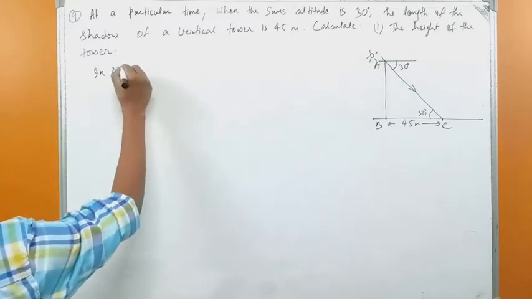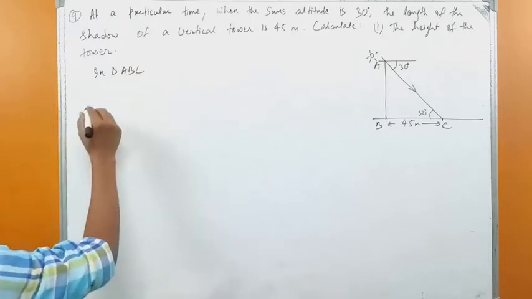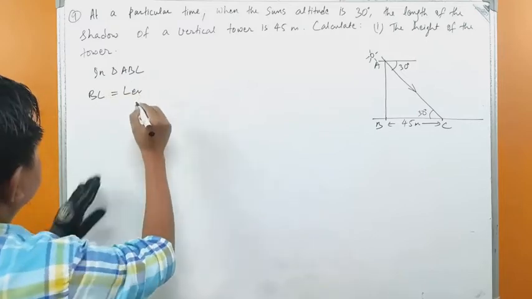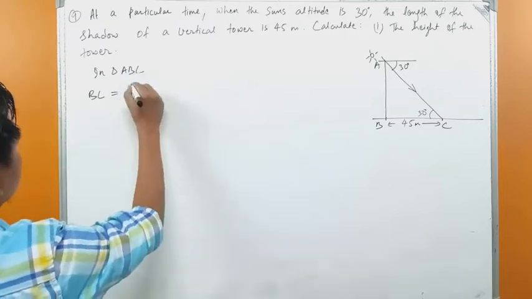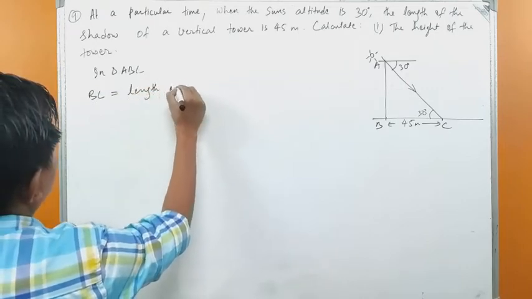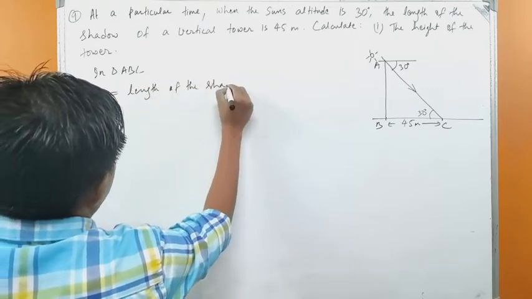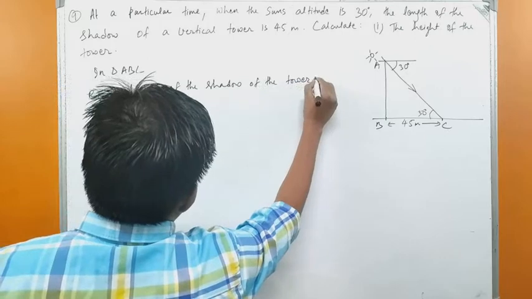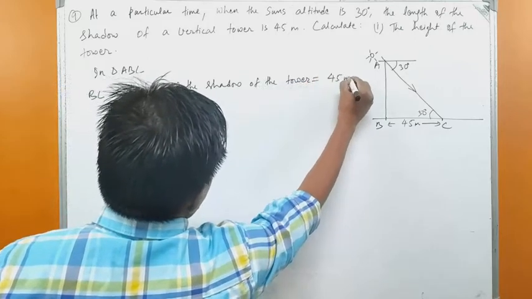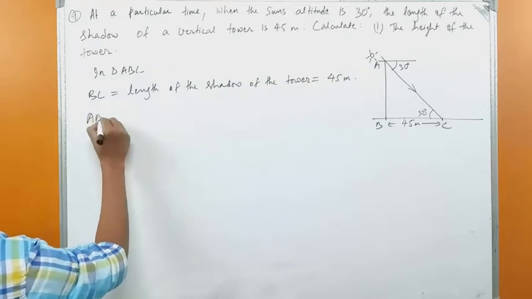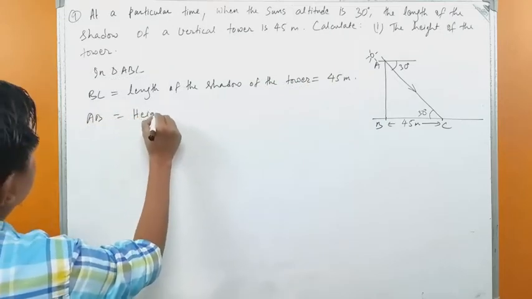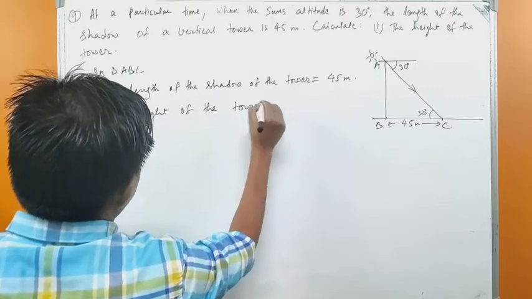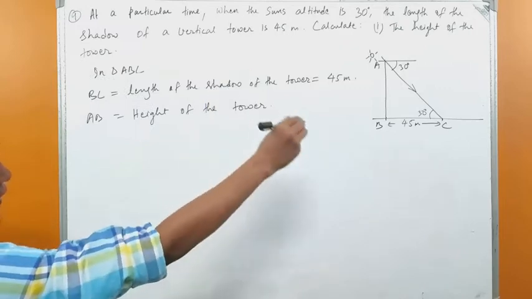In triangle ABC, BC equals the length of the shadow of the tower, and that is given to us, 45 meter. AB equals the height of the tower. We are being asked this.